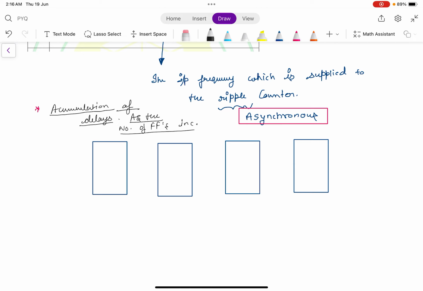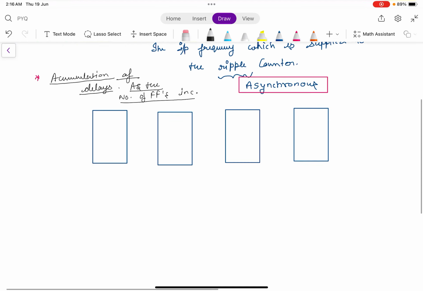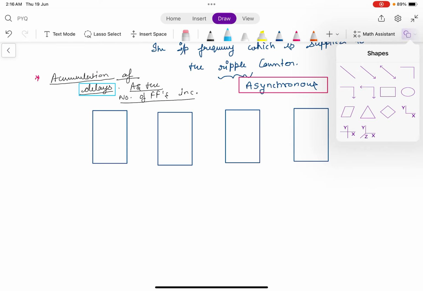So everything which is accumulated with the increase in number of flip-flops, most common part is the delay. Delay gets accumulated one after another just because one flip-flop is connected to the other. That's why it is referred to as a ripple counter.